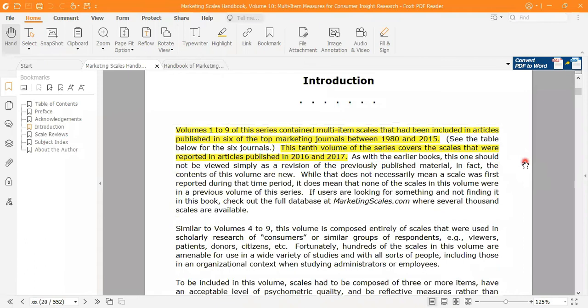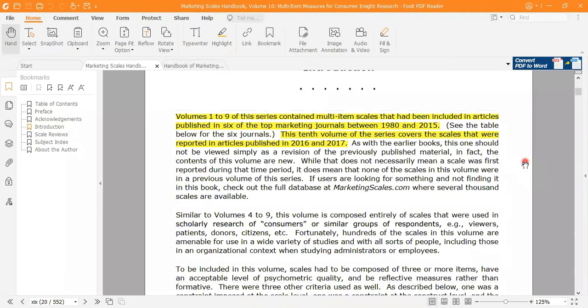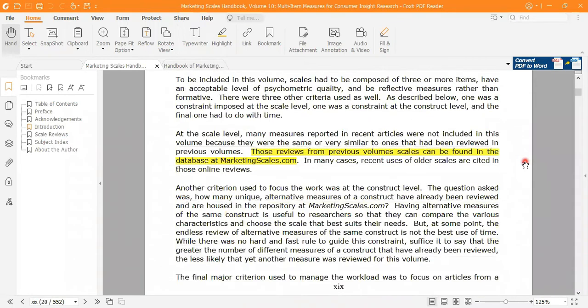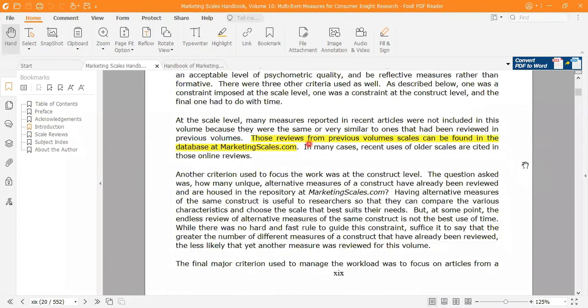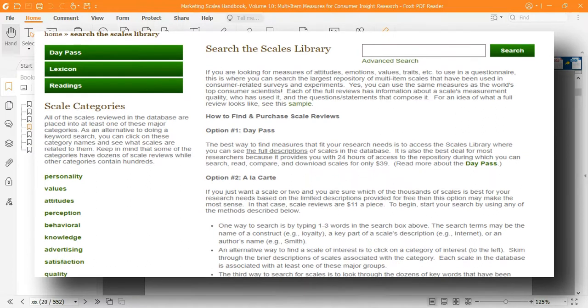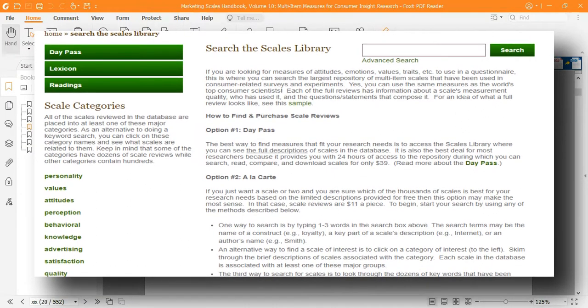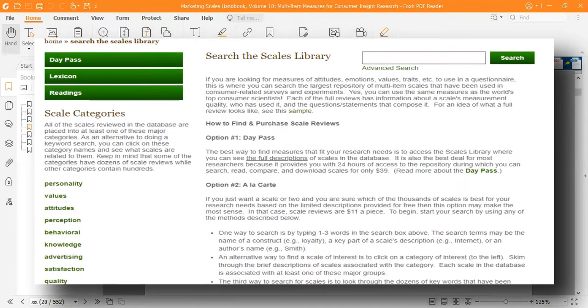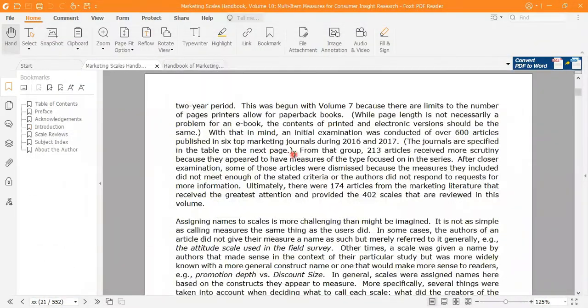In this 10th volume, the scales are available from 2016 to 2017. They also provide a website, marketingscales.com, and if you visit this website, you can find some of the constructs which were available in the previous volumes of this book.